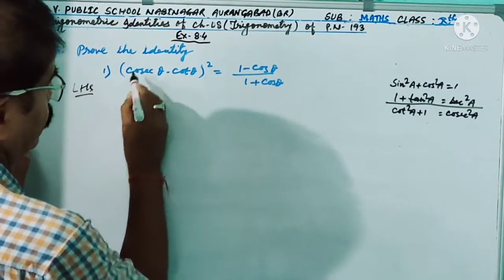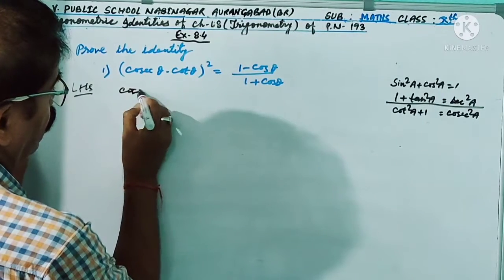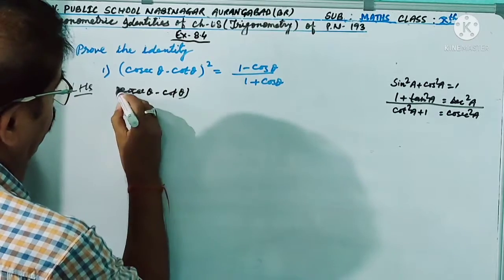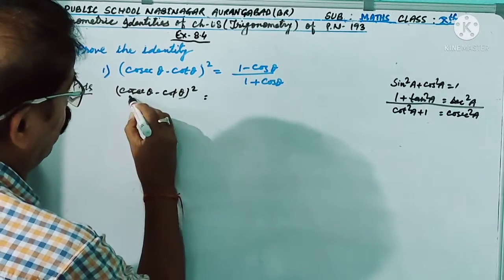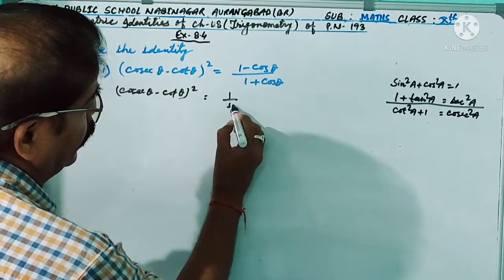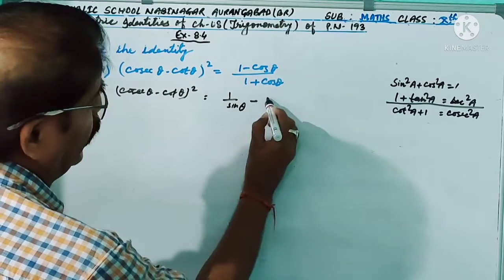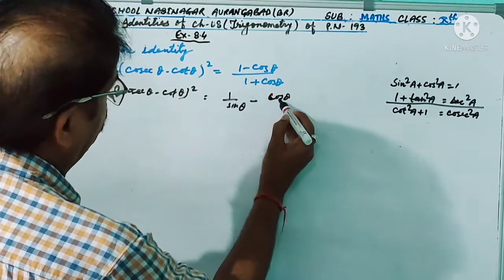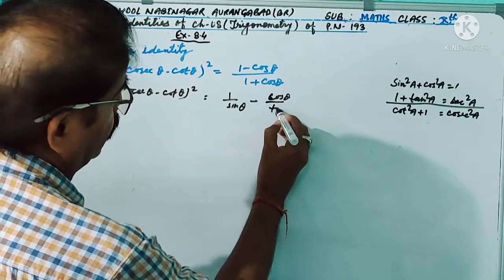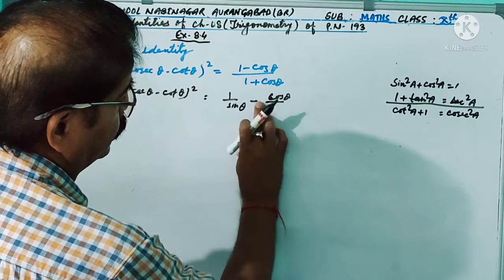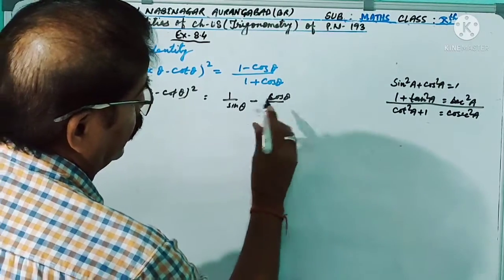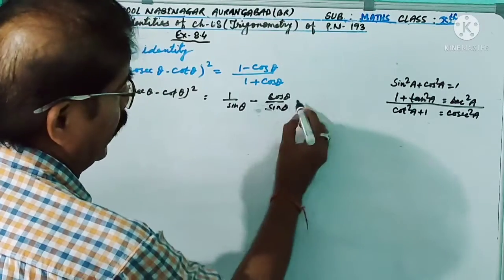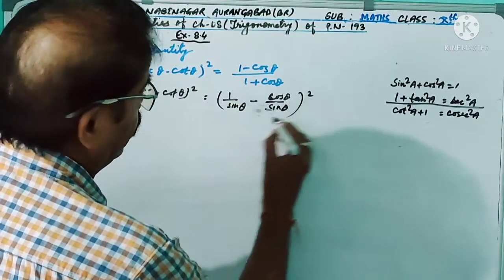LHS: (cosec theta minus cot theta) square, where cosec theta equal to 1 by sin theta and cot theta equal to cos theta by sin theta, squared.